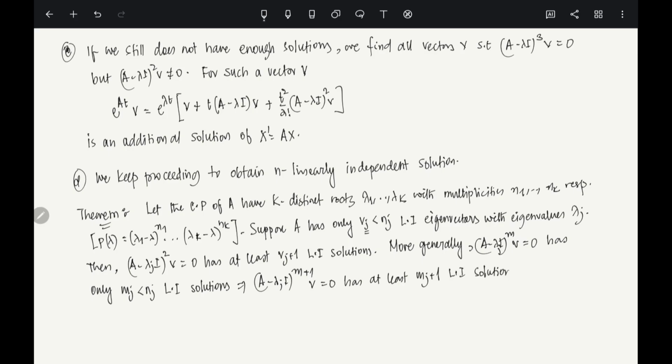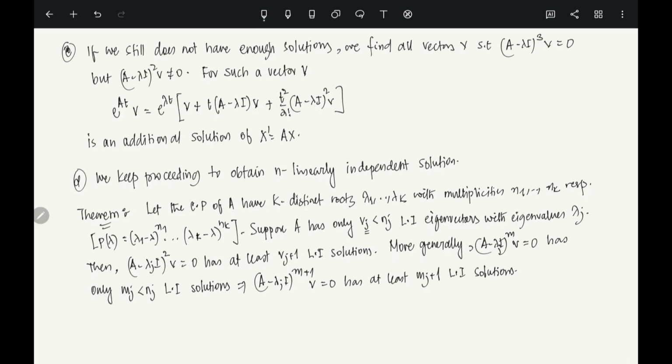I hope this is clear. What it is saying is this: if (A − λI) v = 0 has, let's say, 5 solutions, then (A − λI)² v = 0 will have at least 5 plus 1, that is 6, solutions.